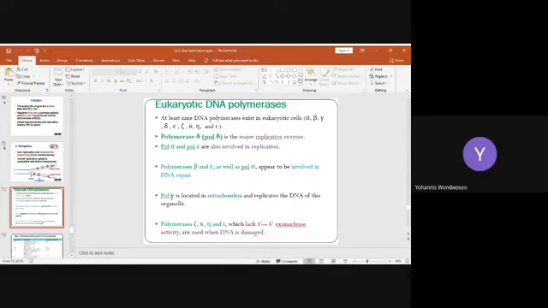Polymerase gamma is located in the mitochondria and replicates the DNA of its organelle, a circular DNA. The polymerase subunits are there which lack the 3' to 5' exonuclease activity. They are used when DNA is damaged.